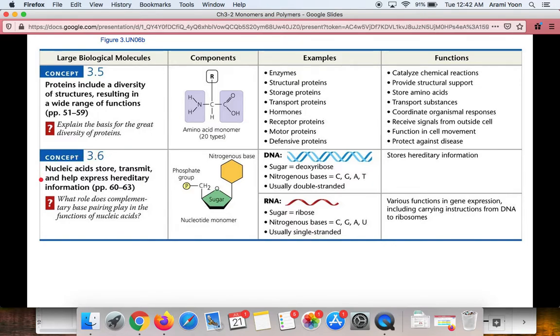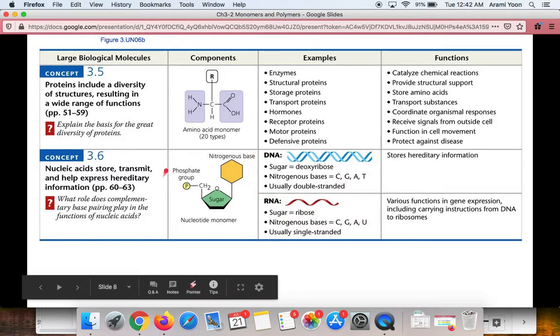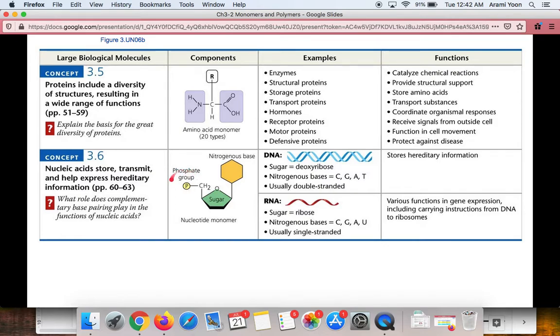Last of all, the last major class of polymers are nucleic acids, and there are two main types of nucleic acids, DNA and RNA. But for both of them, their monomer is the nucleotide. It has a pentose sugar, pentose meaning five-sided. It has a phosphate group, and it has a nitrogenous base.